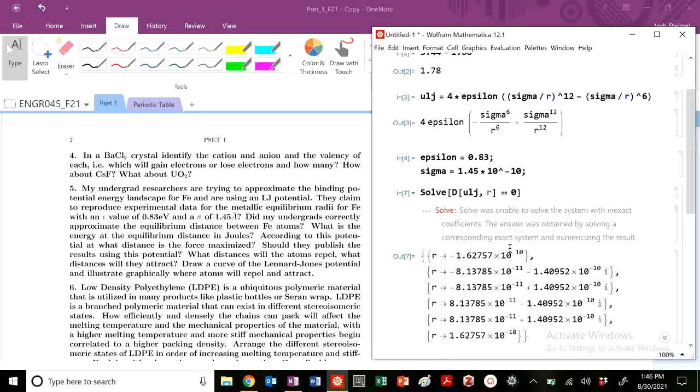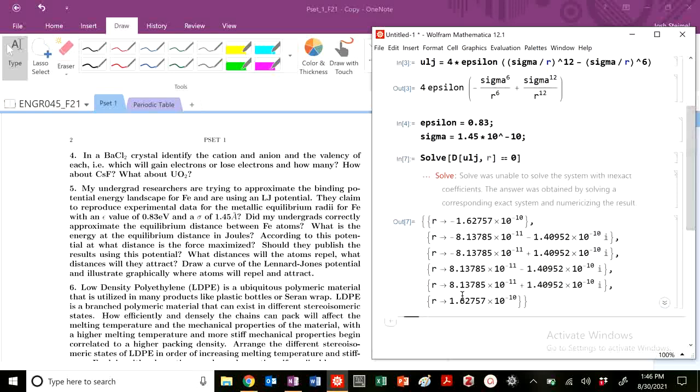It should solve automatically. I get lots of potential r's, but I'm going to use the one that's not negative and not imaginary. So this is my equilibrium distance. For some reason it's not copying. Here we go. This is my equilibrium distance in meters.